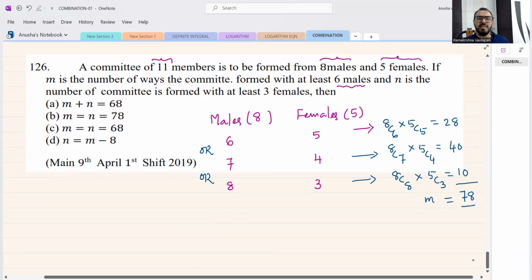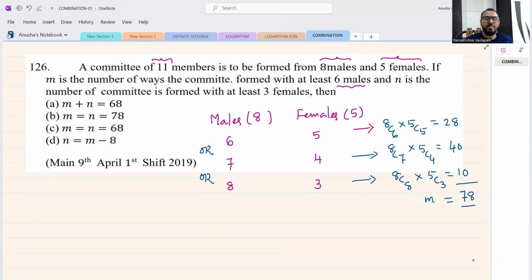Once you understand this, you can do N, the number of committees formed with at least 3 females. Well, I hope that we need not calculate N, because here M equals N. See, here we want to calculate N, the number of committees formed with at least 3 females.